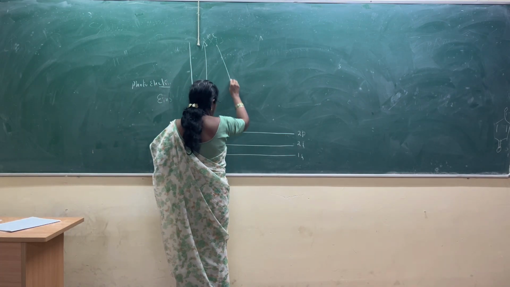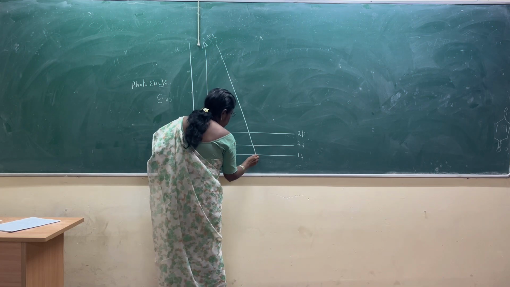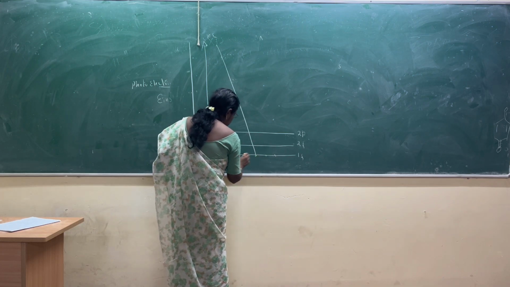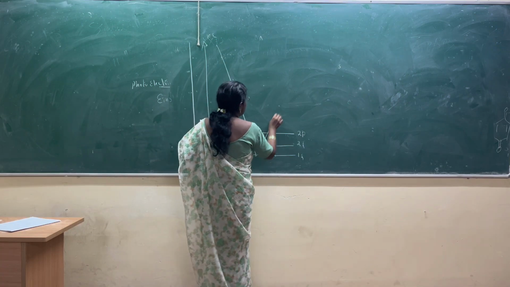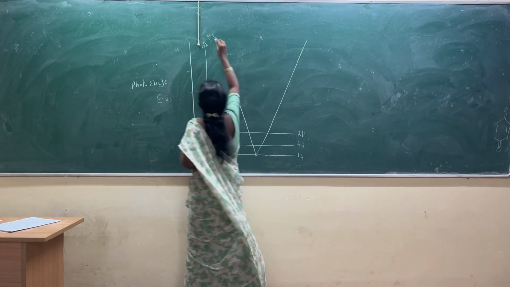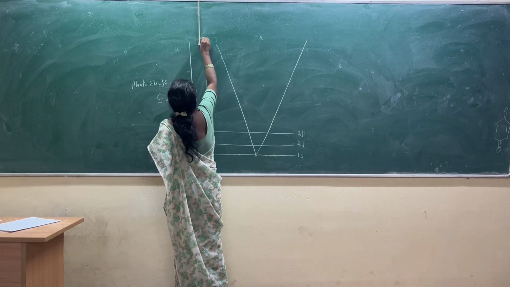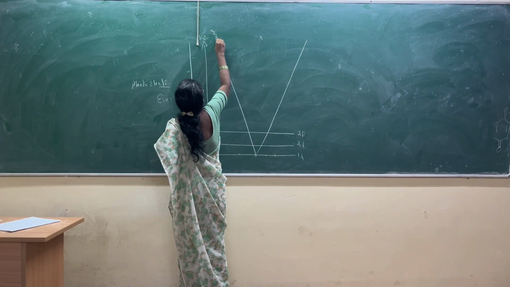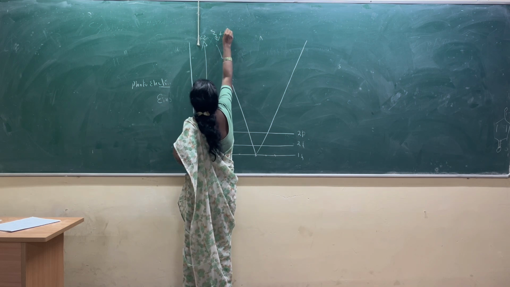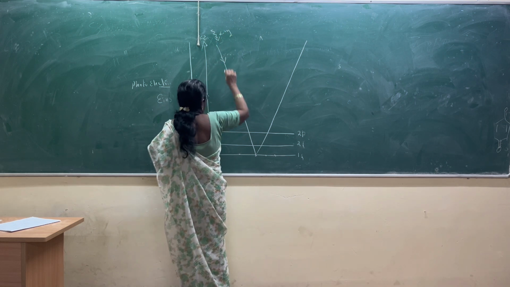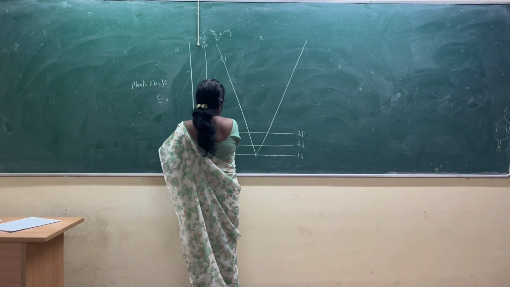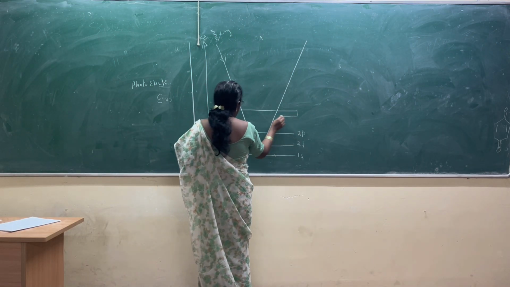The X-ray falls on the innermost electron and it is ejected out. This is the X-ray, and this is the valence band.